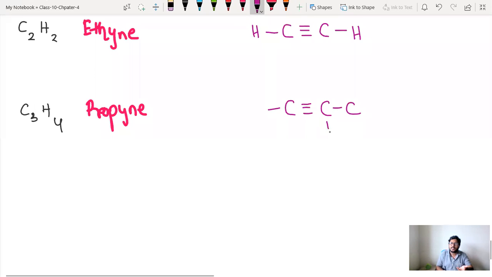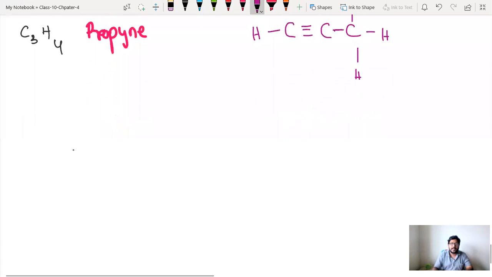If you draw like this, it will become 5, and 5 is not the valency for carbon, right? Next, for the last carbon, only 1 is represented, so 2, 3, 4. Now hydrogens: 1, 2, 3, 4. So 4 hydrogens and 3 carbons. This is propyne.